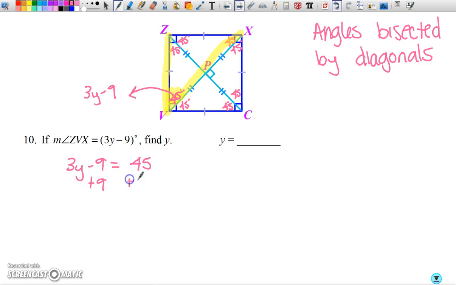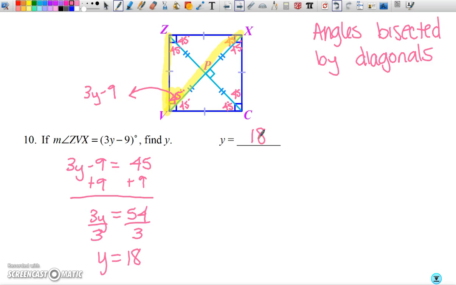Add 9 to both sides of your equation to get 3y equals 54. Divide by 3 on both sides of your equation, and you get y equals 18. And that was all it was asking for, is y, so you don't have to plug in your y, you just get y is 18, and you're done.